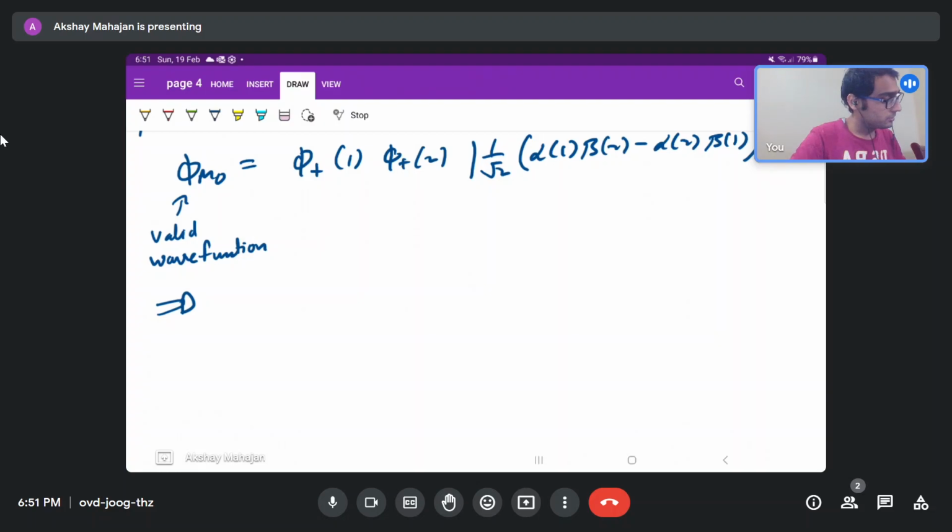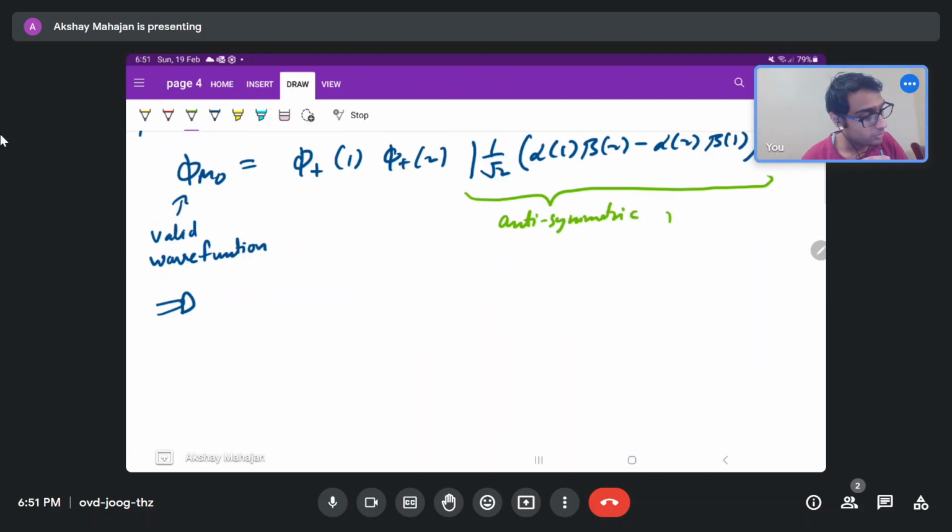That is just for the spin part, but let's consider this part only. This is the main part, and the spin part is for the anti-symmetric requirement. Just remember that we have to multiply it here later.